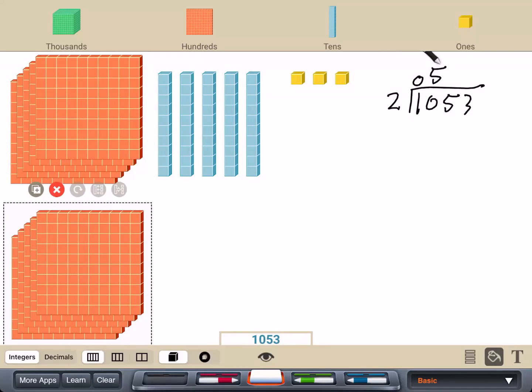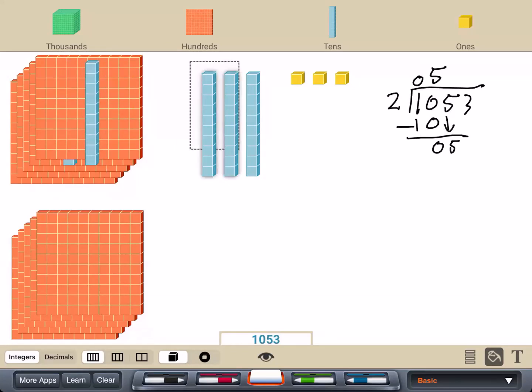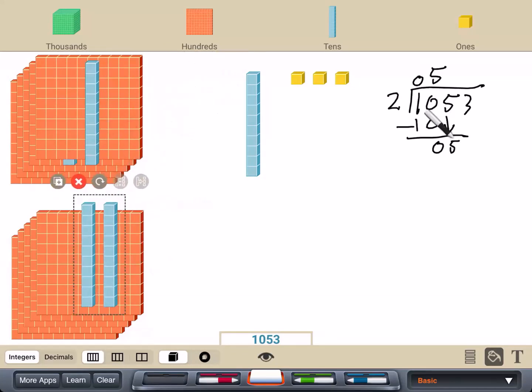Then you do 5 times 2, which gives you 10. And that number is describing how many hundreds you used up. And so you subtract that from the number that you still need to divide. And so you have 0 hundreds left over, and then you bring down your tens and you start on your tens place. And you say, well, if I have 5 tens, if I divide those up into 2 groups, I can put 2 in each of my groups.